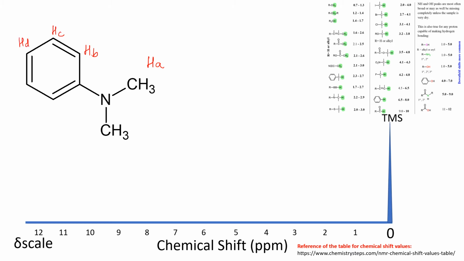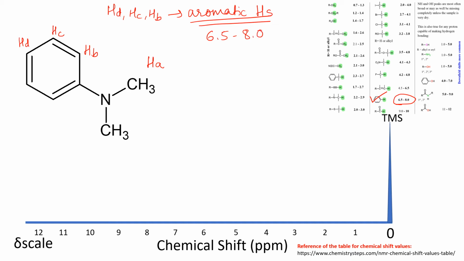Now if we see these three, that is HD, HC and HB, these are aromatic protons, as I also mentioned in my initial, earlier video, that the value of these aromatic protons is very characteristic, and you can easily remember that aromatic protons generally appear in the range of 6.5 to 8 ppm on the delta scale of the 1H NMR spectrum. So these three would appear over here.